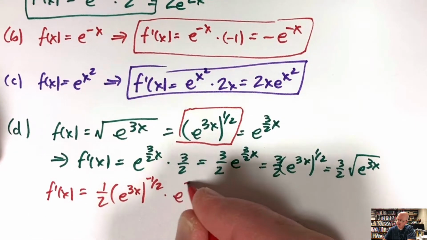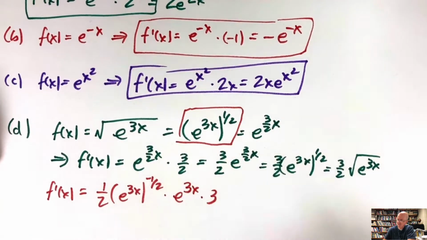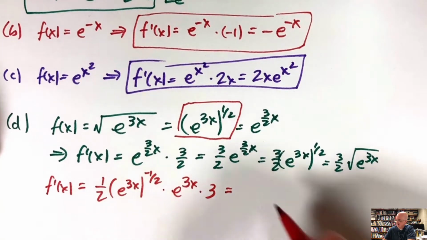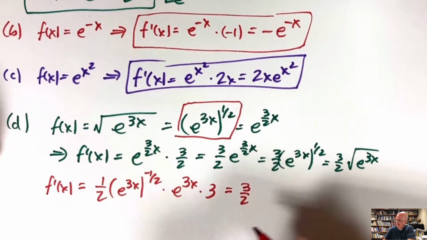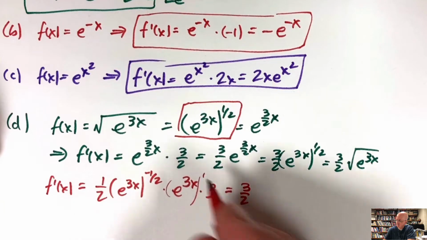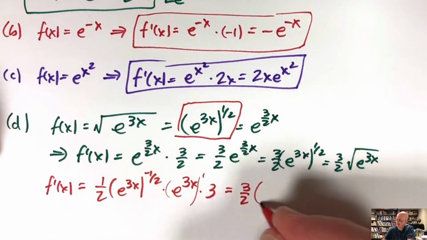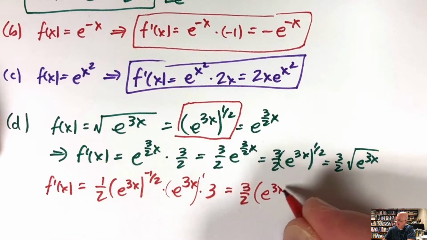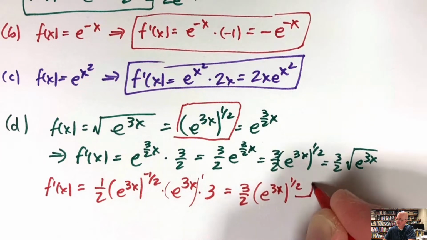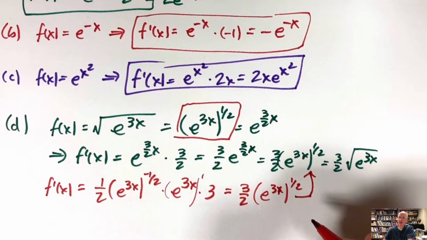And if you think about it carefully, you'll get e to the 3x times 3. Then simplify. This is 3/2. This is e to the 3x to the first power. I can add those exponents and write e to the 3x to the 1/2 power. And you do see that this is ultimately the same thing that I got before. This is the right answer.